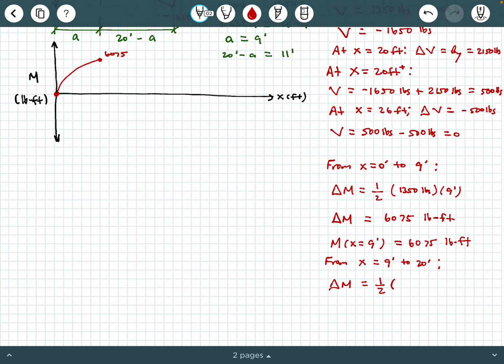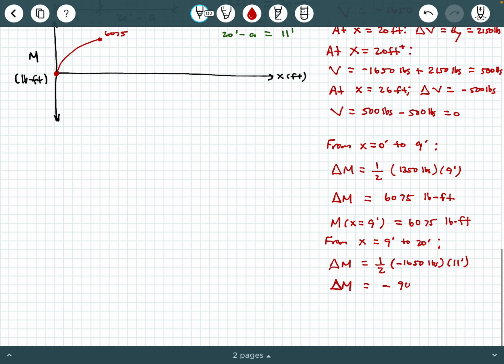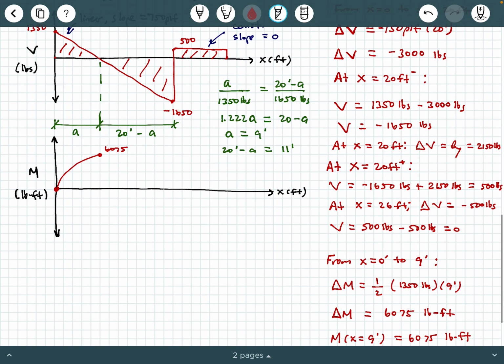So negative 1,650 pounds times 11 feet. Okay, so that gives us a value of the change in moment of negative 9,075 pound-feet. Now, that's a change in moment, okay? That means that in order to get the moment that is happening at point B, we have to combine that with the moment that we just previously got.